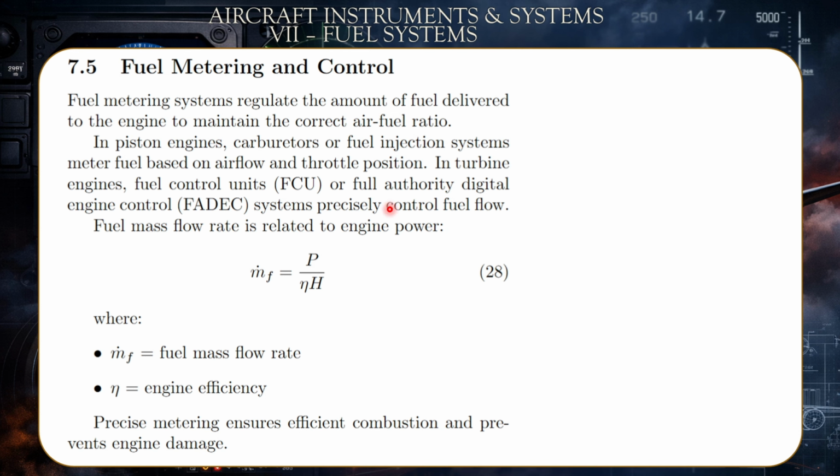So there would be an excess of fuel being burned within the engine, which would lead at times to engine backfire. It means that the fuel is not being fully combusted, okay? Meanwhile, when you have a lesser quantity of fuel, that would lead to a lower exhaust gas temperature, okay, and a less efficient combustion.